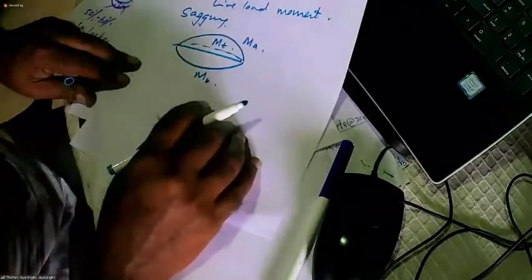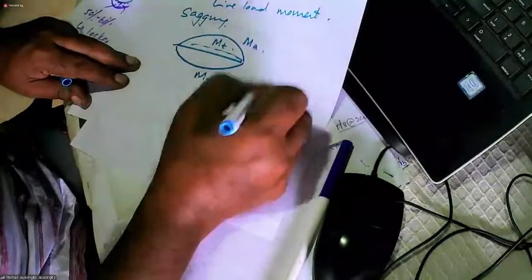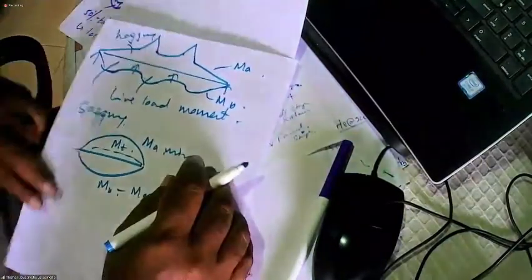So it can go either direction. This is the maximum moment, this is the minimum moment. Minimum moment is MA, maximum moment is MB.